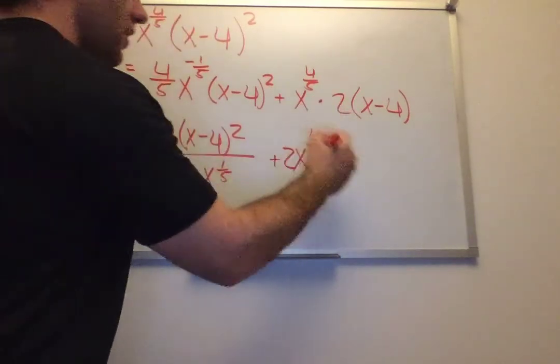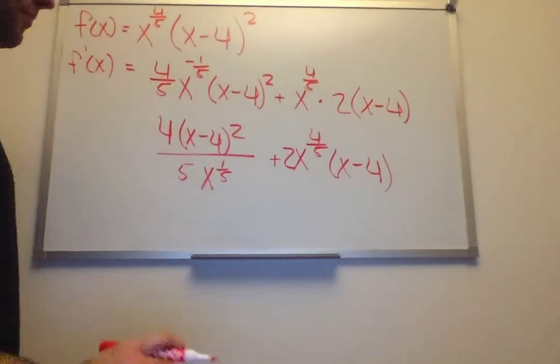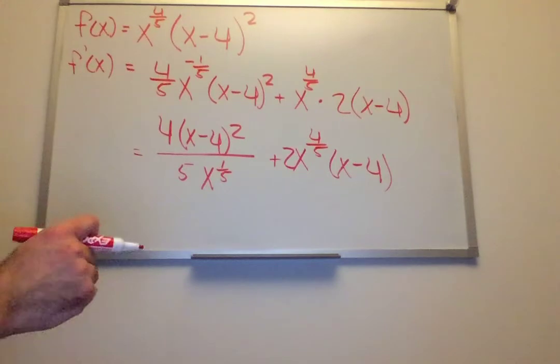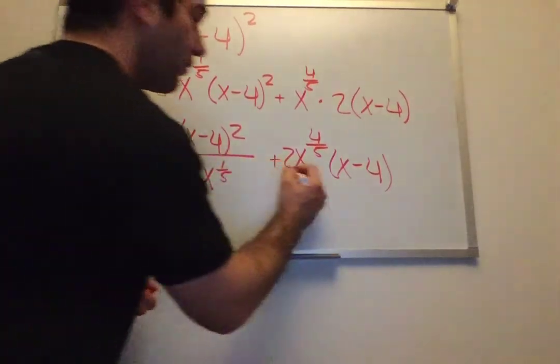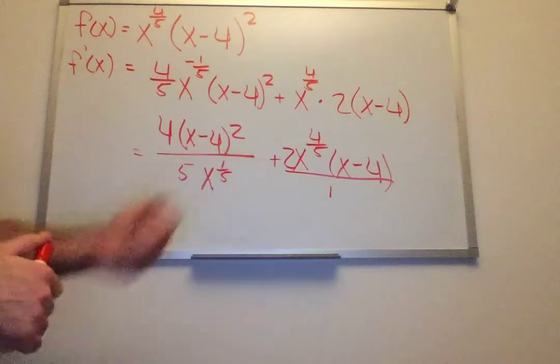Bring the 2 out front. X minus 4. Okay, so I've got a fraction right here, right there. Or, well, this is not a fraction. We can put it over 1 though. Make it a fraction.